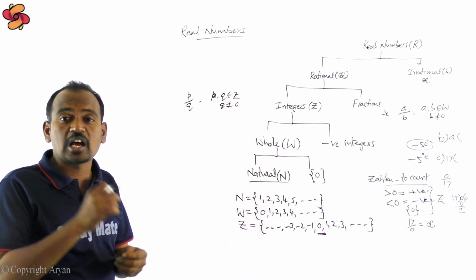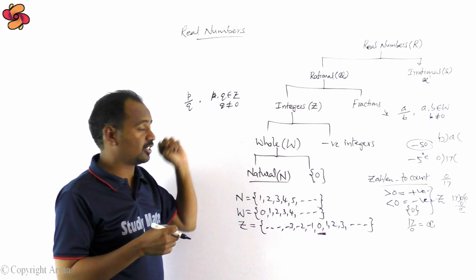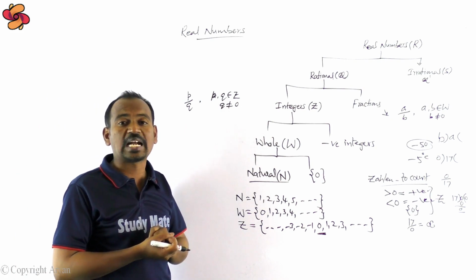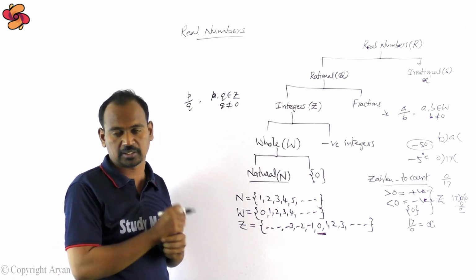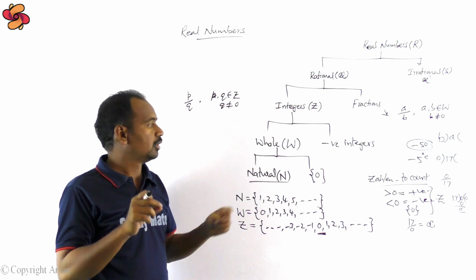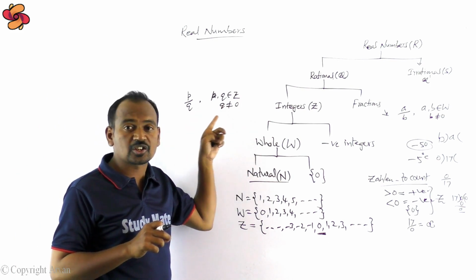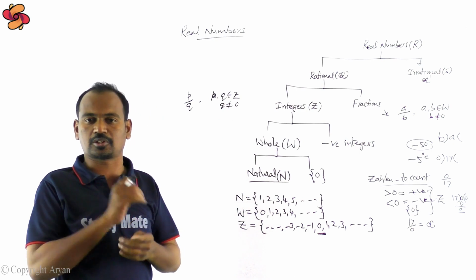The third condition also we need to discuss here. Actually, you do not have the third condition in the textbook. But we need to discuss the third condition from lower classes onwards.